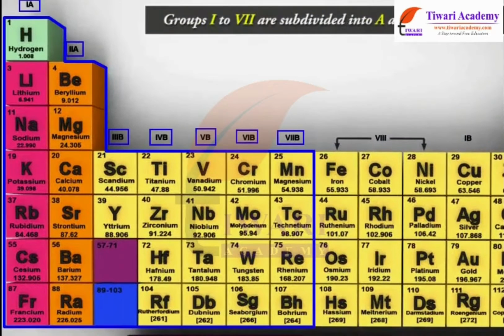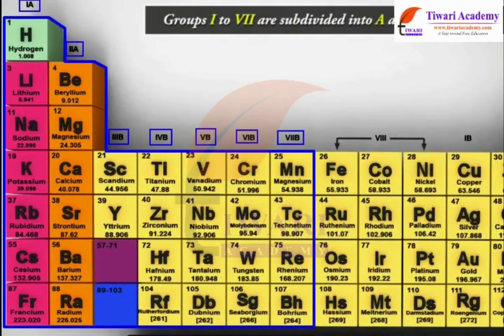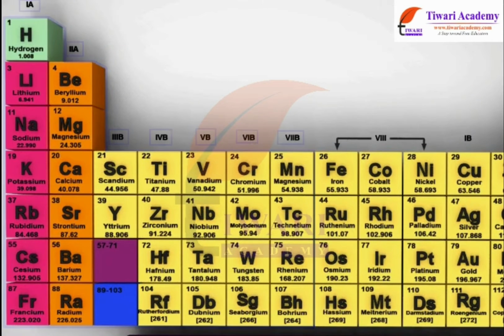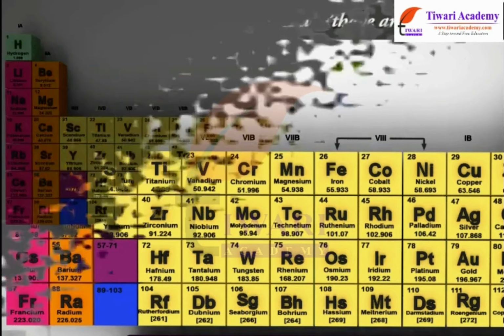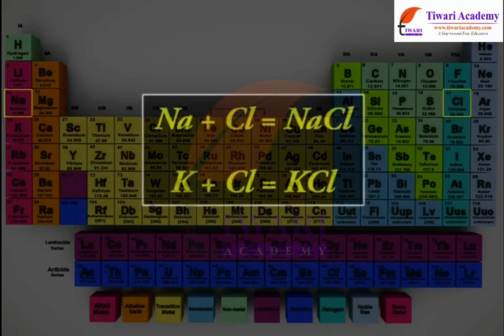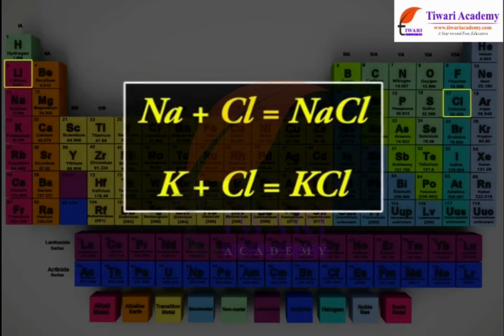Groups 1 to 7 are subdivided into A and B subgroups. Group 8 doesn't have any subgroups. All the elements in a particular group are chemically similar in nature.